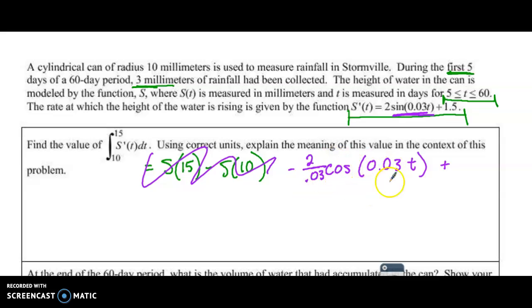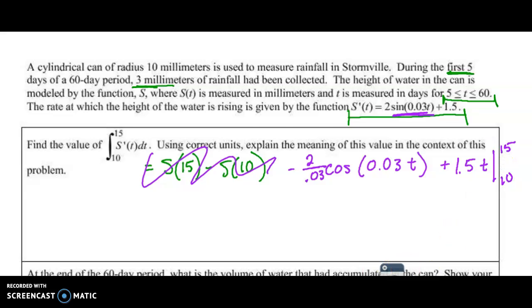And what I'm doing is I'm undoing the chain rule because I'm thinking about, well, the derivative of negative cosine would give me positive sine. You would leave the inside alone, but then you'd have to multiply by the derivative of the inside. So that's why, working backwards, I divided by that, plus 1.5t, and that would be from 10 to 15.